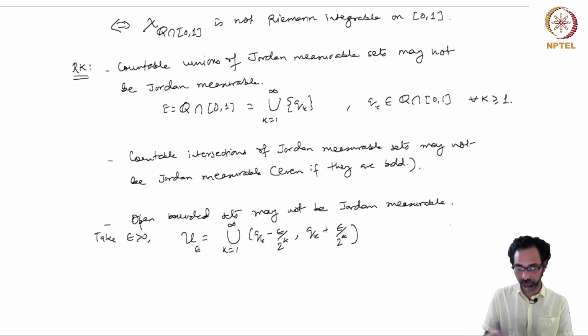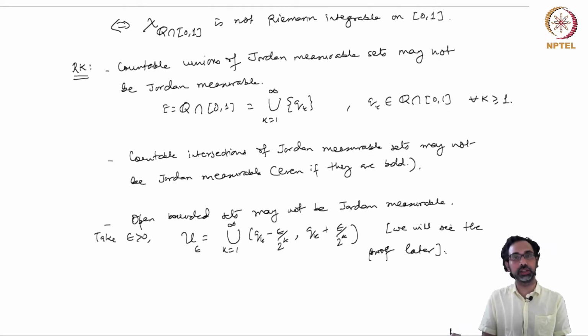This set, which depends on epsilon, may fail to be Jordan measurable, and we will see the proof later. Once we have defined the Lebesgue outer measure, it will be easy to prove that this set is not Jordan measurable.